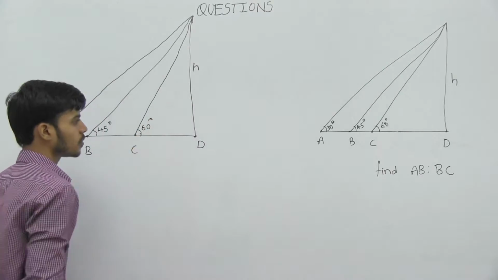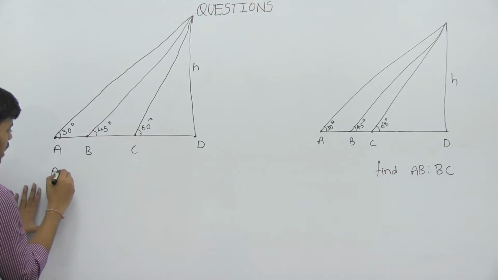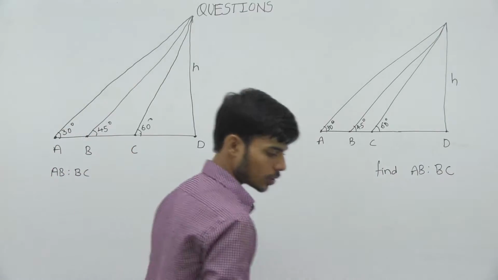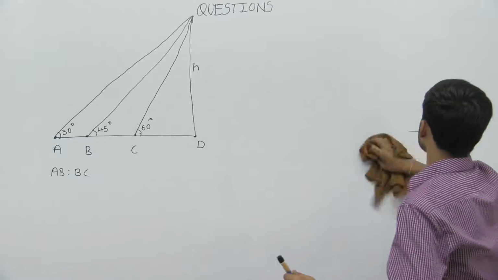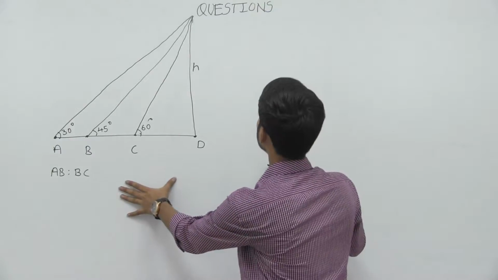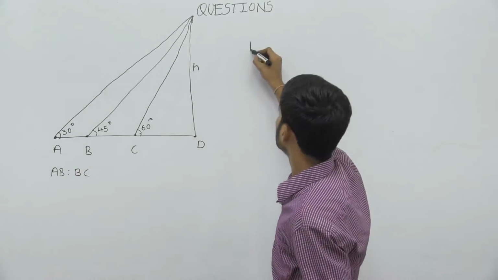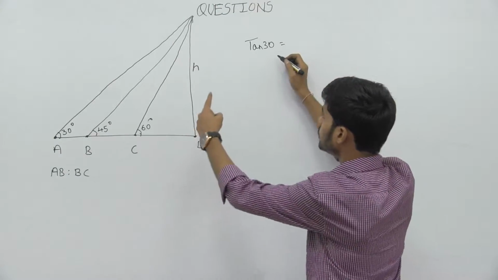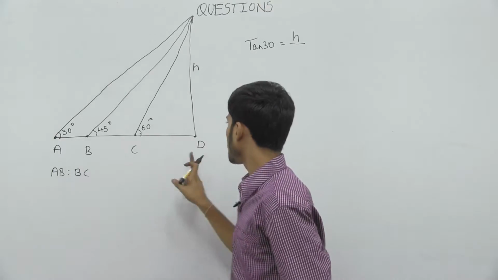So now we need to find the ratio of AB is to BC. So this is a simple question. Now let us take at point A tan, which is tan 30 is equal to h, height of the tower, by AD.